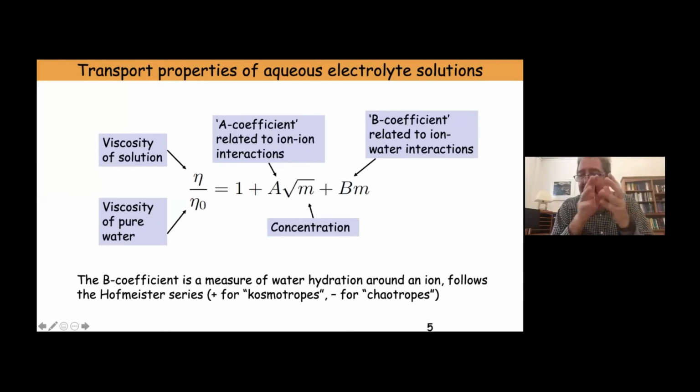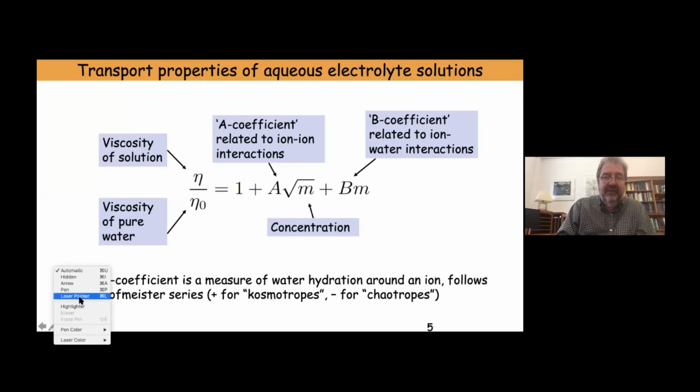For electrolyte solutions, many people who have done careful measurements have used this equation to describe the deviations, the differences between the viscosity of the solution, eta, relative to the viscosity of the pure water, eta 0, right? And of course, at 0 concentration of electrolyte, this is by definition 1.